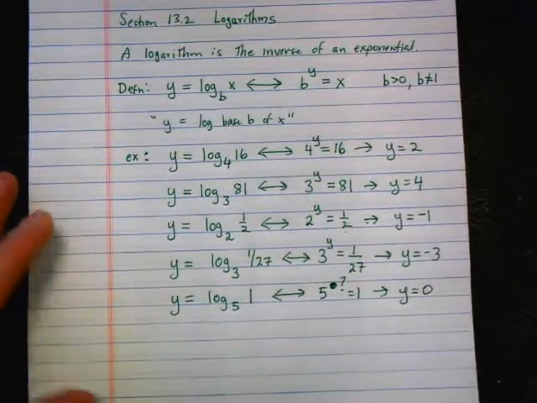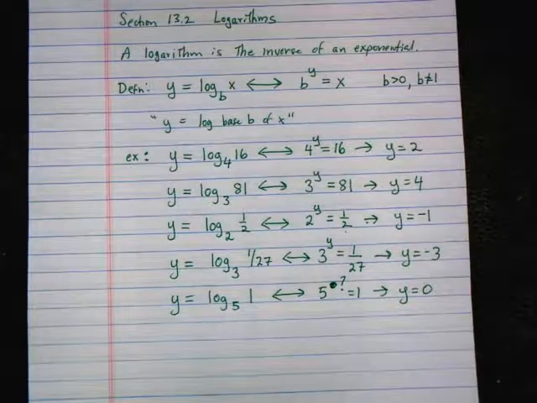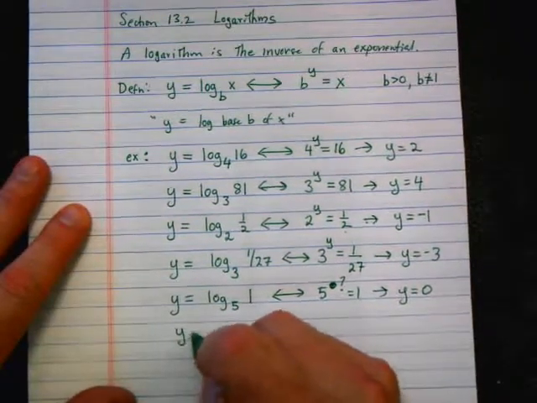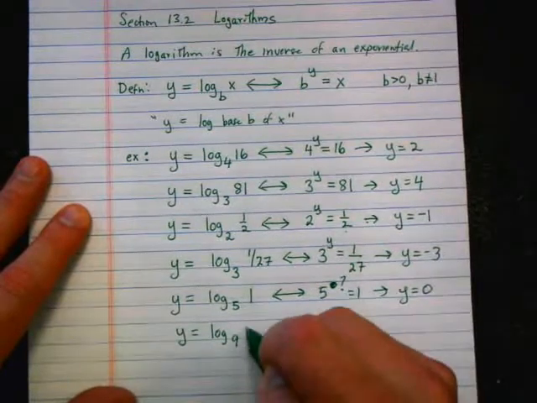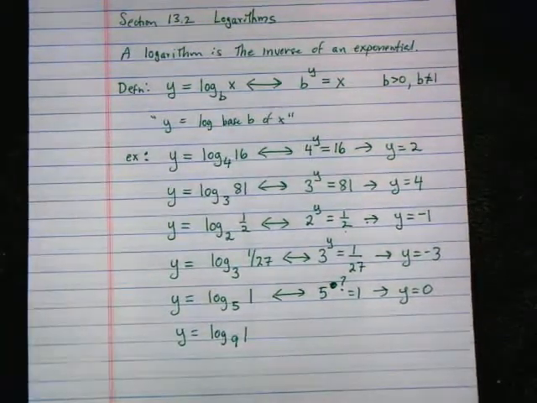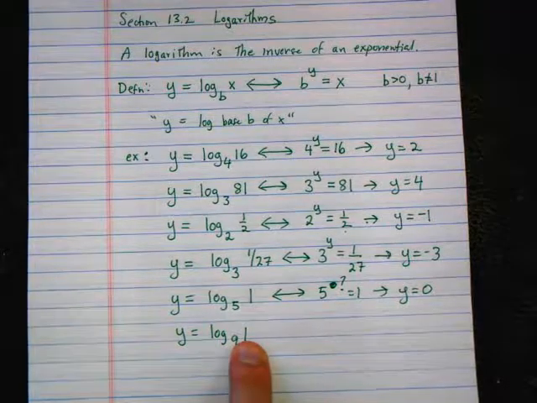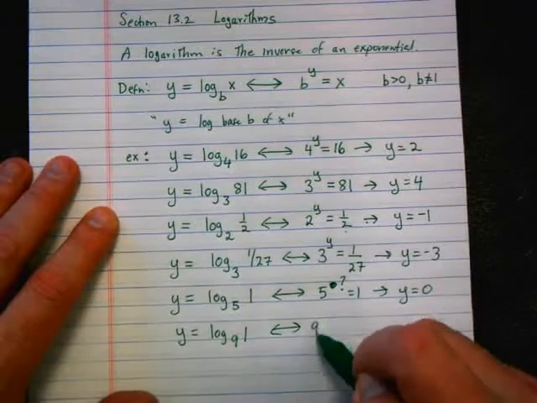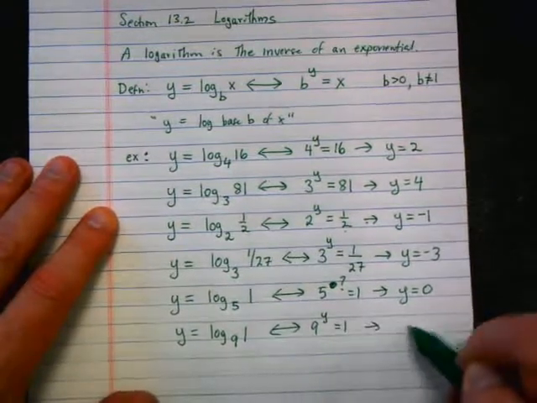Y would have to be 0 because 5 to the 0 is 1. Is there anything special about base 5? What if I gave you y equals log base 9 of 1? The base isn't important if I put a 1 right there, is it? The answer is always going to be 0. This would be 9 to the y equals 1, which would still mean y equals 0.